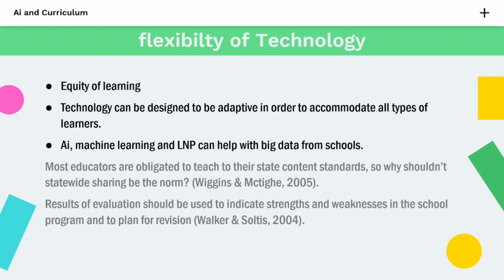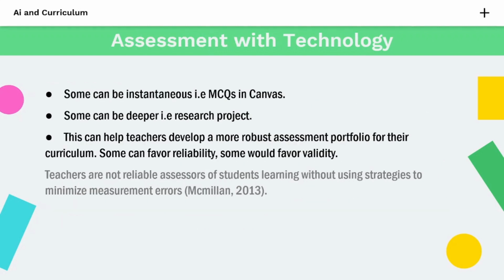And Walker and Seltus said the results of evaluation should be used to indicate strengths and weaknesses in the school program, and to plan for revision. So why don't we feed the AI everything we have, all the school data, and then have the AI give us all the weaknesses and possible improvements.